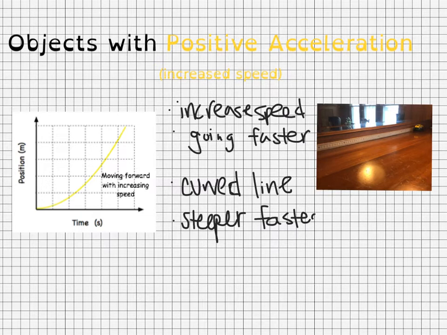In this case, the end is literally just the end of the meter stick. I think it actually ran into a little other toy at the end there. Okay, so I'll read it one more time. The toy car started to accelerate or increase speed until it reached the end.